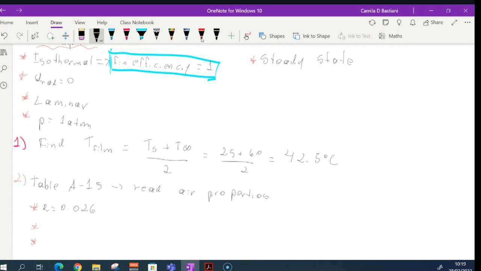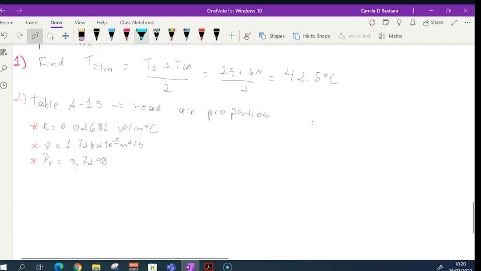If you have any questions about how to do any of those things, just let me know. My kinematic viscosity is 1.726 times 10 to the minus 5 square meters per second. I'm going to need that for the Reynolds number. And the Prandtl number, 0.7248.